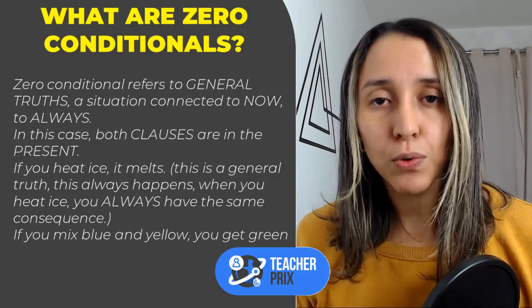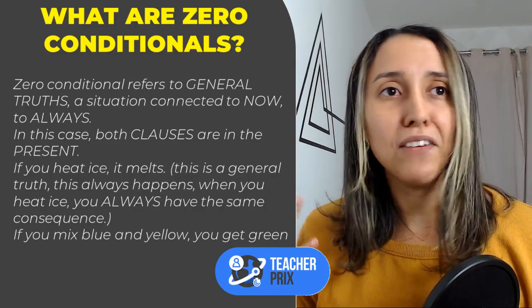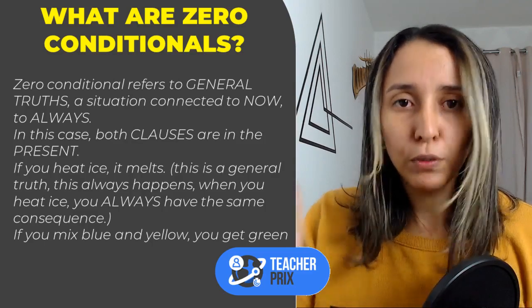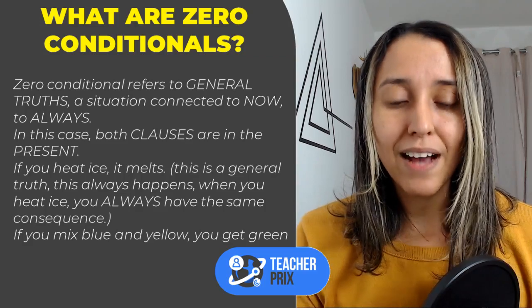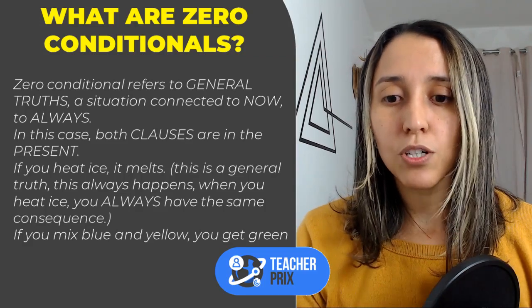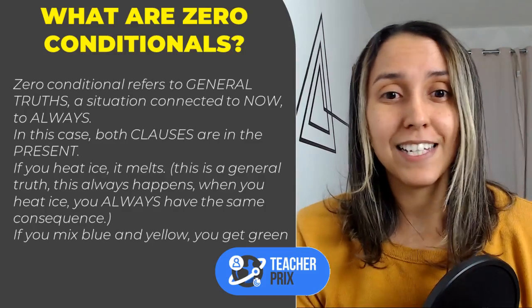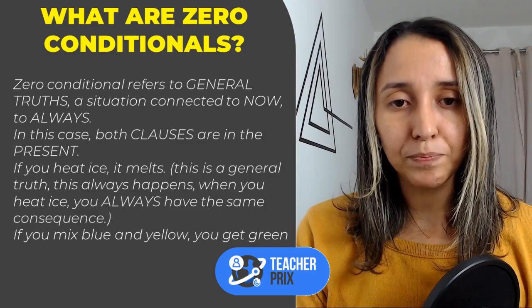This is a general truth. This doesn't change, okay? It doesn't matter what kind of fire you use. You always melt ice if you put fire on it. So in these situations, when you have a general truth, when you're talking about something that will not change no matter what, that's a zero conditional, okay?